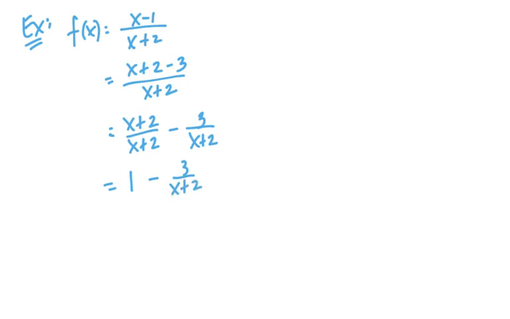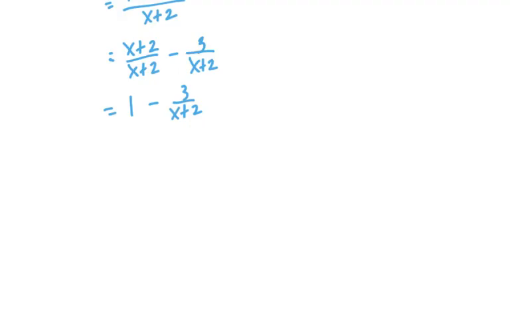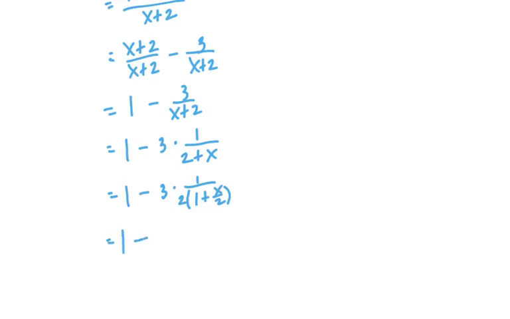Now we can look at our power series and say we have 1 minus 3 times 1 over 2 plus x. We're going to switch them. 1 minus 3 times 1 over 2, 1 plus x over 2. So we have the constant 1 out front. We're going to pull out that 1/2.